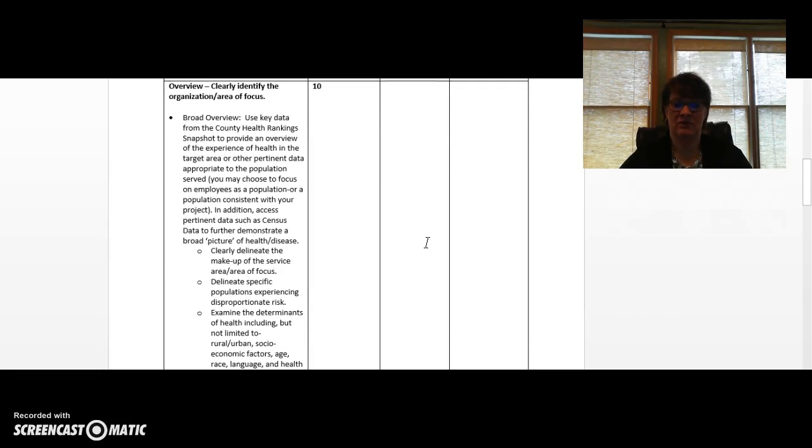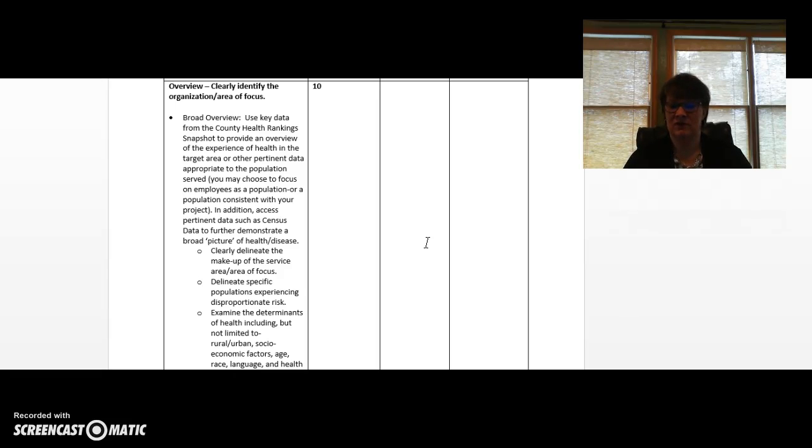So we're going to start out with our very broad overview, and you're already familiar with the county health rankings, and you need to analyze that data and really look at it as far as the experience of health in the area that you have chosen of focus, and that may be the area where your facility is based.